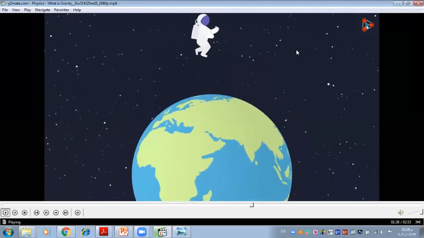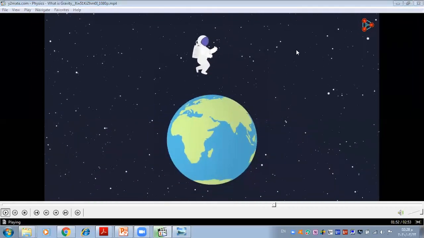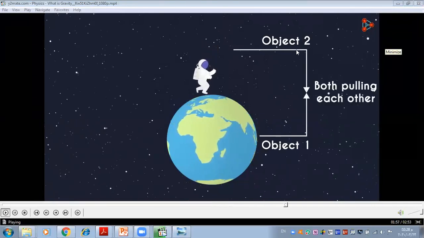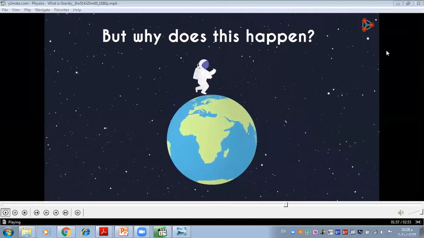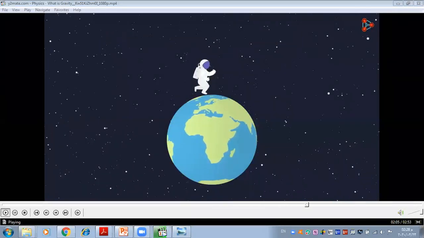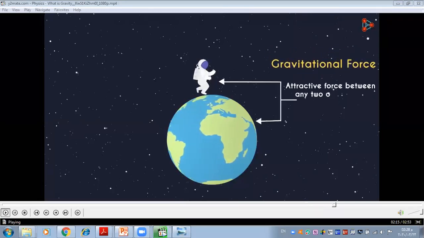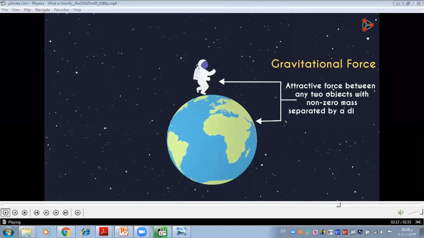In the case of Earth and a human being, the Earth is one object and the human being is another. Both are pulling the other towards themselves. But why does this happen? If you do a lot of research onto what gravity really means, you will find out that gravity is not actually a force and it's just an illusion. So for now, it's enough to know that gravitational force is just the attractive force between any two objects with non-zero mass separated by a distance.